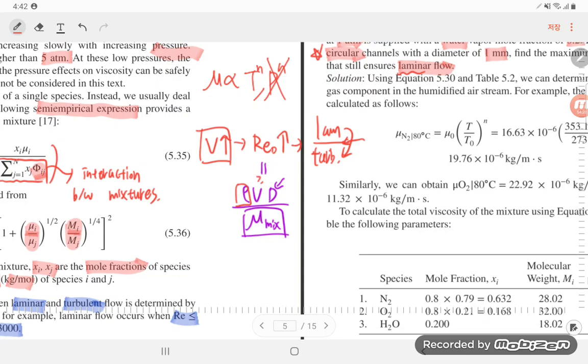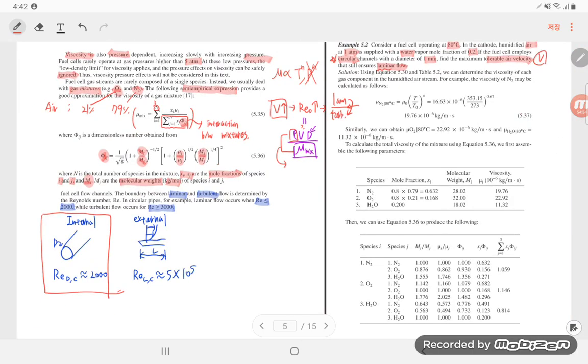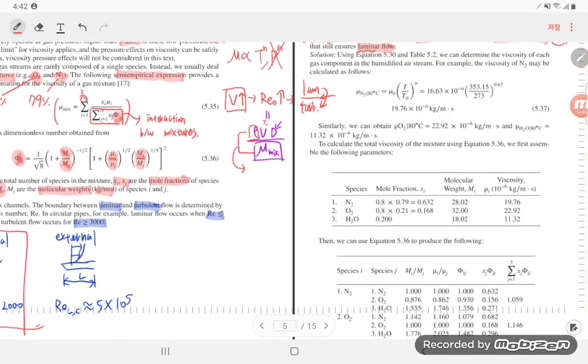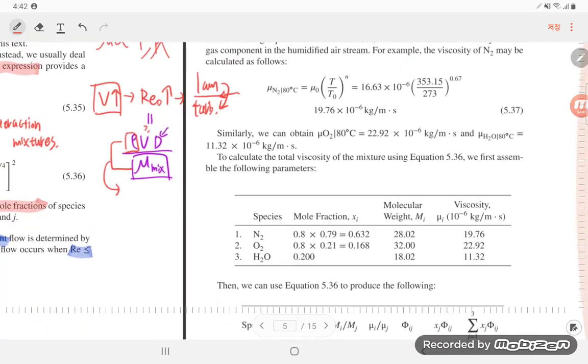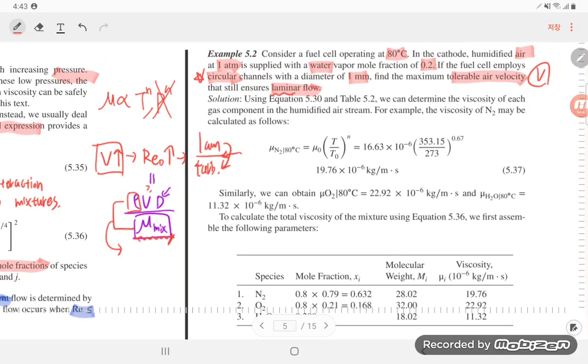And we should get this V. So there are two terms we should find. Firstly, in this example, they solved for mu mix. They found mu mix first.